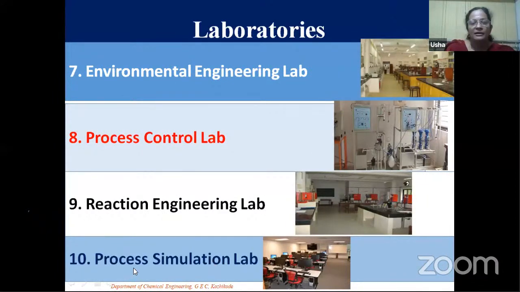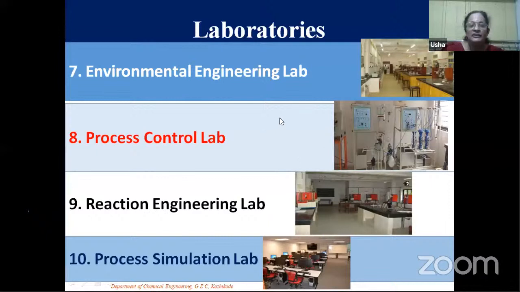The other lab is the process simulation lab. That is a computer lab. Different software packages are available for the design of a chemical plant. Some examples are UniSim, ANSYS Fluent, and MATLAB is also used for design.